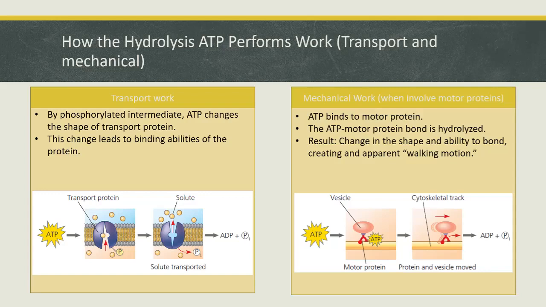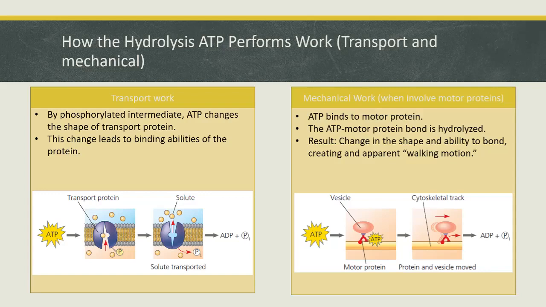When this phosphate binds, the shape of the protein is changing, and if something changes its shape, it's not going to be able to bind anymore, and then the solute is going to be released. So this takes advantage of the idea that the binding is entirely dependent on the shape of the protein. Then we have mechanical work, which uses the same concept.